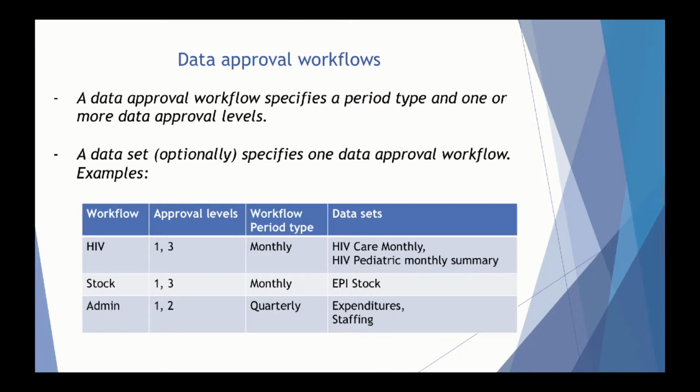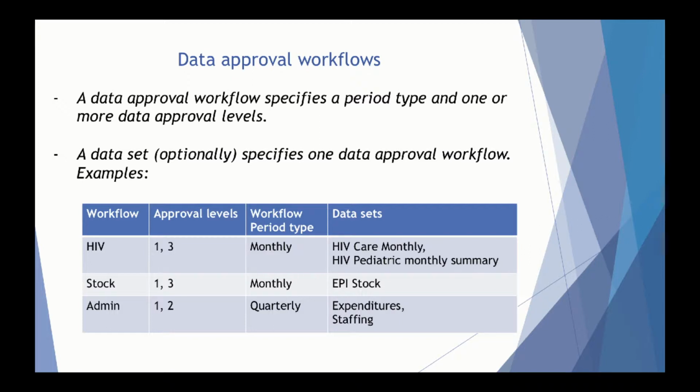In this case, you might define a workflow for HIV to approve data. That means it's approving the data in the data sets HIV Care Monthly and HIV periodic monthly summary. Each workflow has a period type and specifies the approval levels at which that workflow applies.